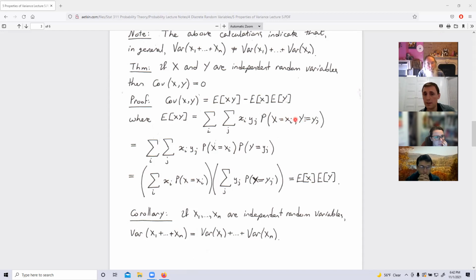So if we have independence, if this can be broken into probability of x equal to xi and y equal to yj, then I can multiply the probabilities. Do you need an example of that, or some sort of thing that I need to draw for you to get this idea? Or are you good? Let me know quickly.